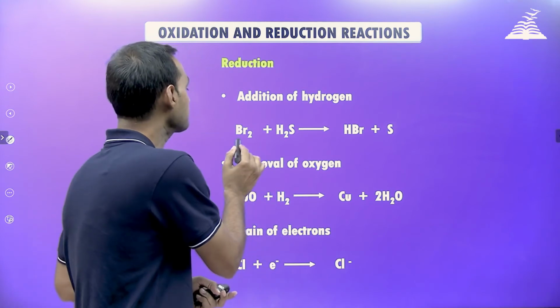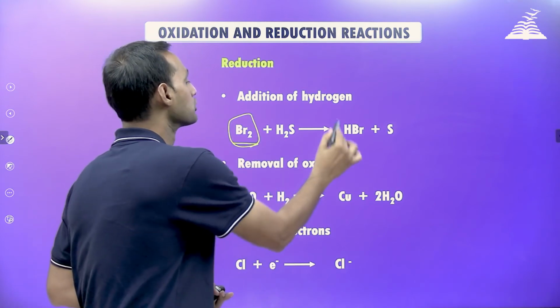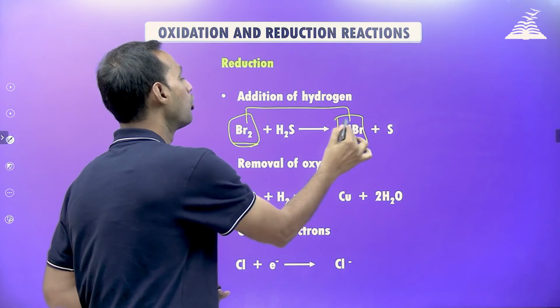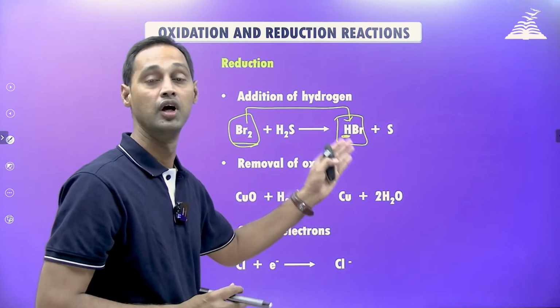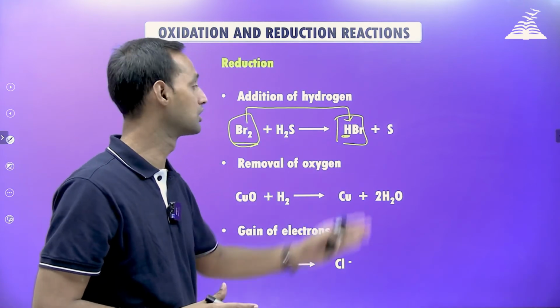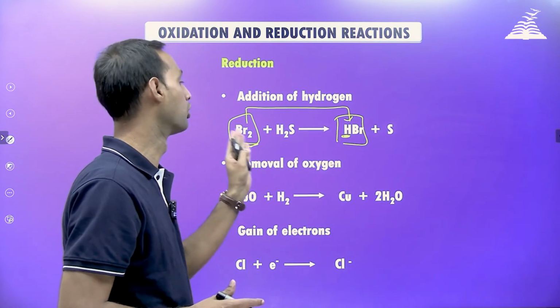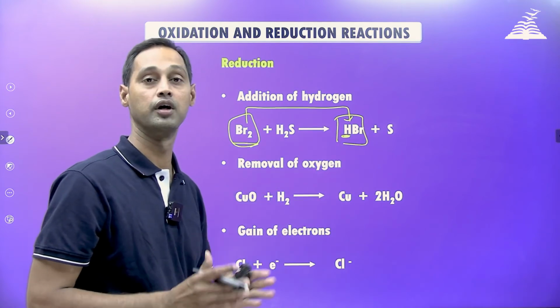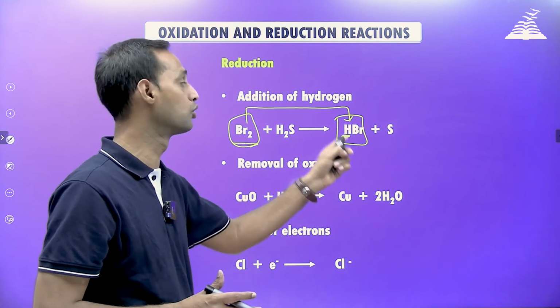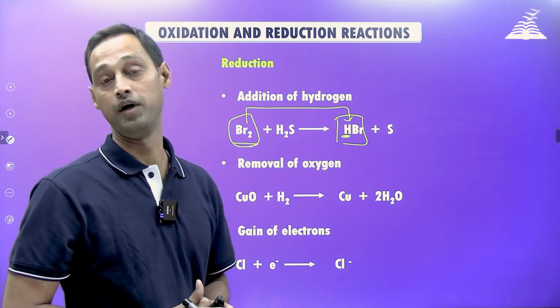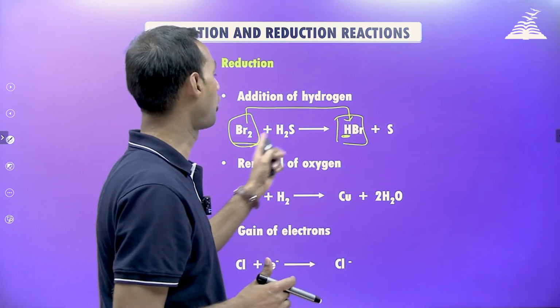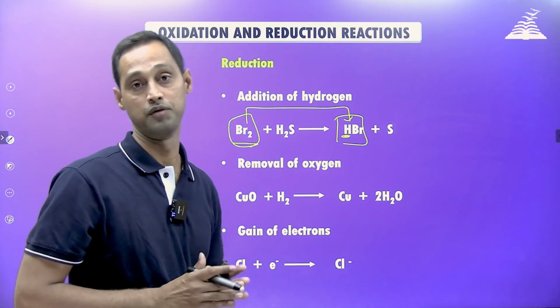Let's see bromine to hydrogen bromide. Addition of hydrogen is noticed here, so according to the definition this is reduction. We say bromine got reduced to hydrogen bromide.